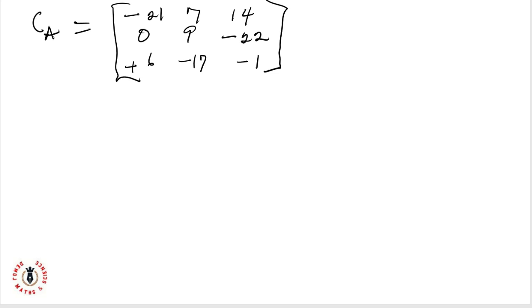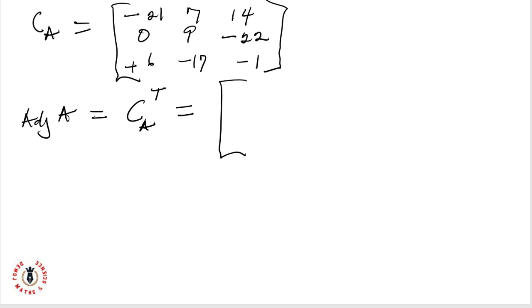Now the next thing is to find the adjoint of matrix A, which is the same thing as the transpose of the cofactor of this matrix. When we explained the transpose of a matrix, remember we said that we turn the rows into columns and the columns become the rows.